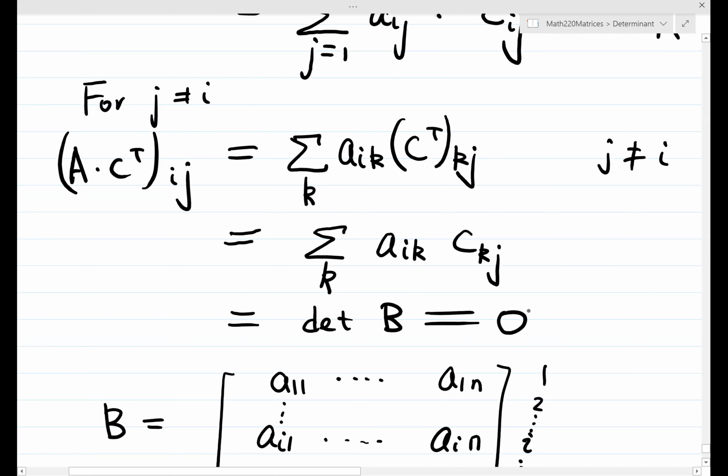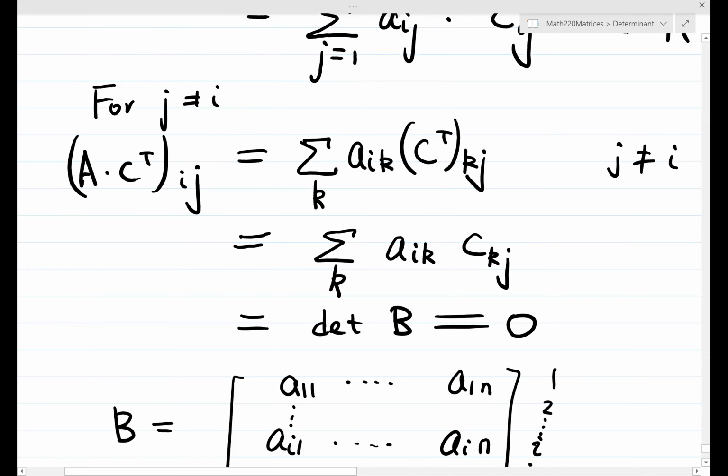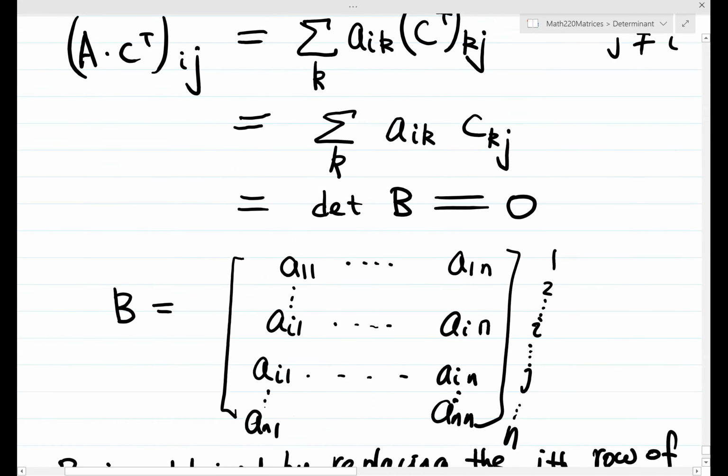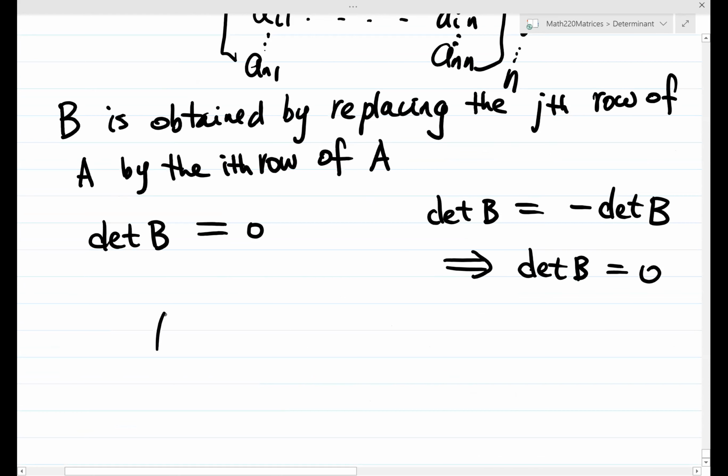That is, in the matrix A times C transpose, the off-diagonal terms all vanish. So we finally get that (A times C transpose)ij is 0 if i is not equal to j.